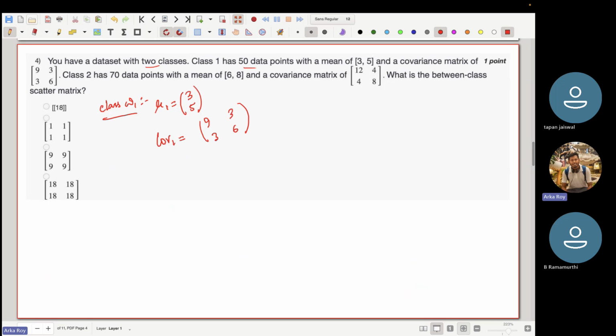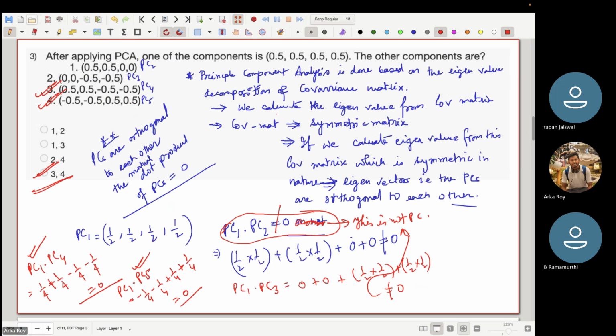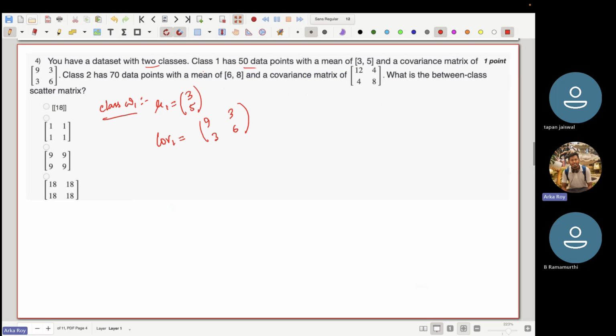Here also you can see, as I've just discussed, that the covariance matrix is a symmetric matrix. Over here you can see that these two terms are equal, so this is a symmetric matrix. This is also a counterintuitive part of the previous slide.